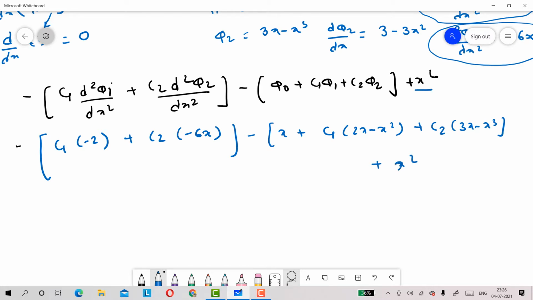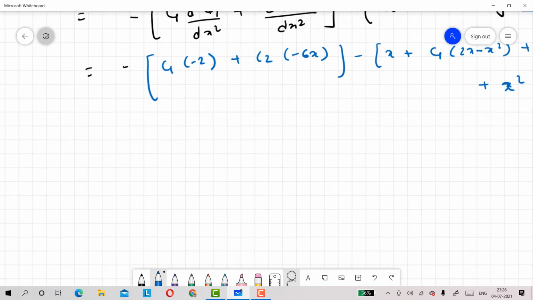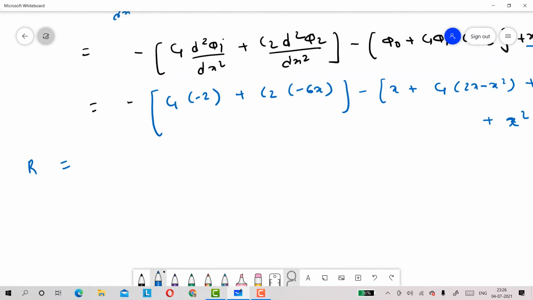Now the residue, on solving it, we will get this value: c1 times 2 plus x square minus 2x, plus c2 times x cube plus 6x minus 3x, plus x square minus x.